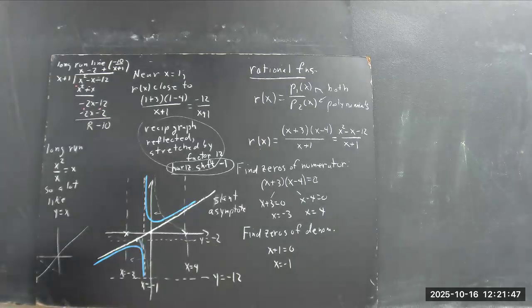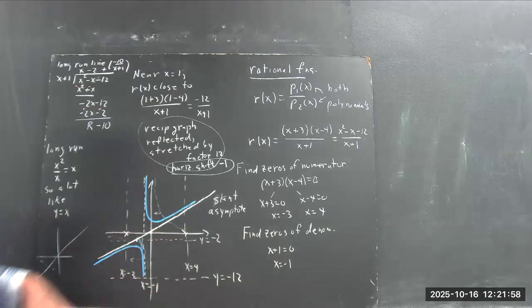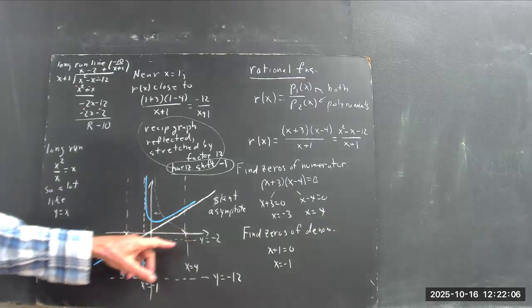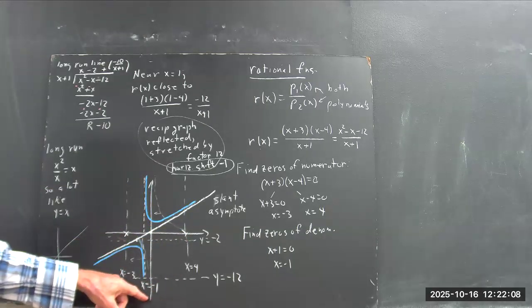Now, there's another problem I've got, and it's a kind of a serious problem. What's going on here? I have a 0 at x equals negative 3 and a 0 at x equals 4, so that can't be right. So that's kind of what we do, the asymptote, but I've missed my zeros and I've missed my y-intercept.